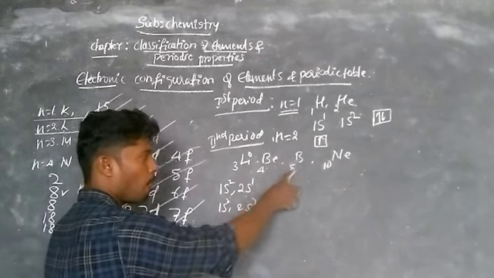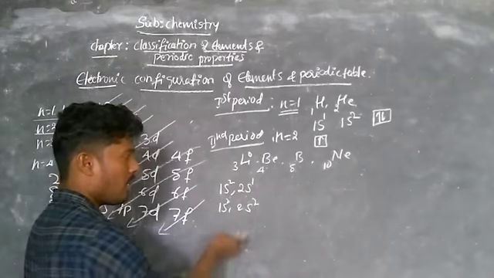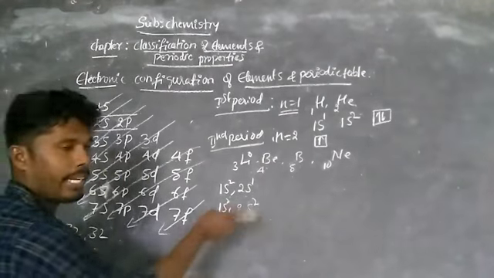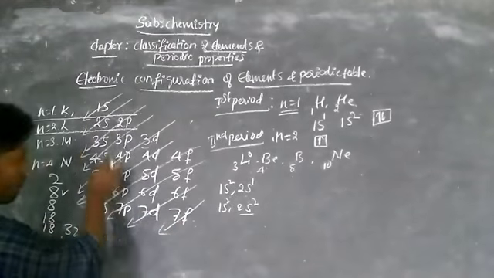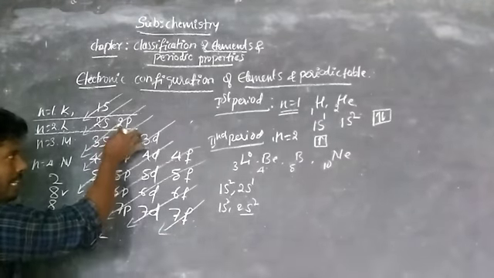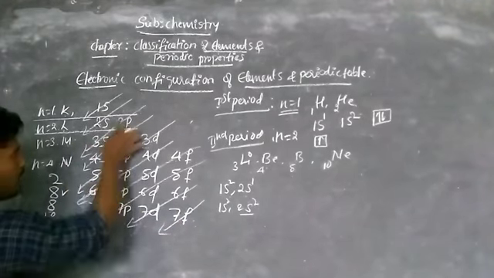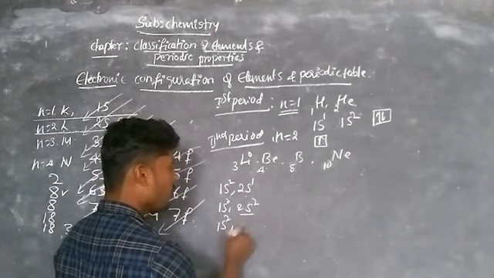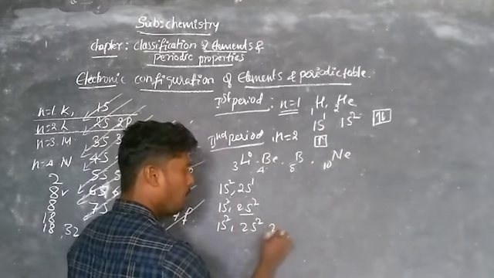After beryllium, boron has 5 electrons. See here, the s orbital has a maximum capacity of 2 electrons. It is already completely filled. Therefore, we have to move to the p orbitals, right? After 2s, they are moving to 2p. So for boron, 1s2, 2s2, then 2p.